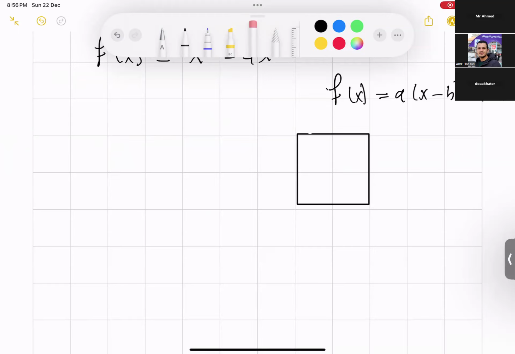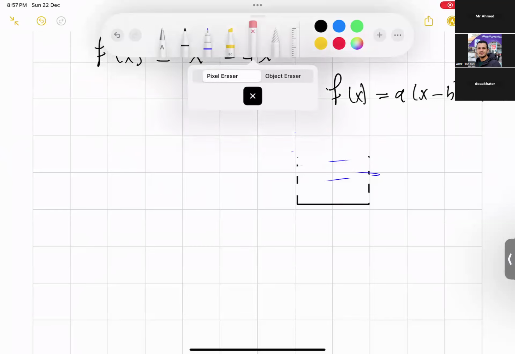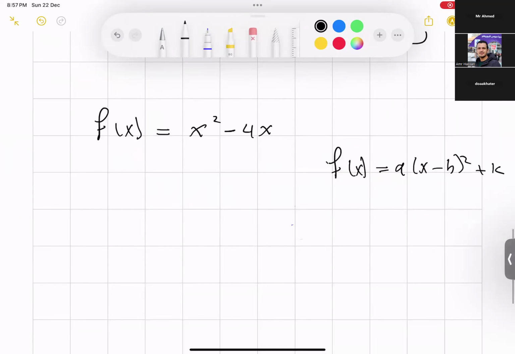Square, right? If I try to erase this part, it sounds like we get a message, right? Yeah. We need to complete it to make it look like a square, right? This is the point that we need to do it. So if you take a look at this one, hold on. Okay, if you take a look at this one, it sounds like we get a binomial, right?